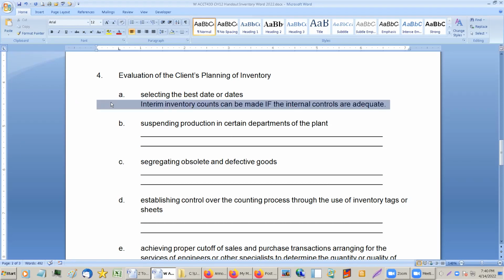Interim inventory counts can be made if the controls are adequate. And it's a big if. So they do inventory throughout the year. They can do interim dates, that they do it throughout the year. And as an auditor, you'll go observe them doing this, in March.